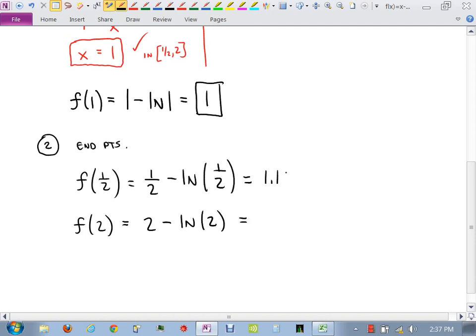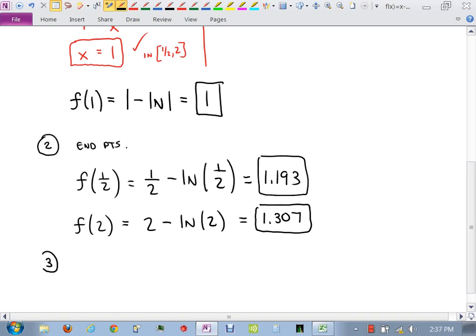I'm getting 1.193, and then 2 minus natural log 2. I'm getting 1.307. Is that all right?